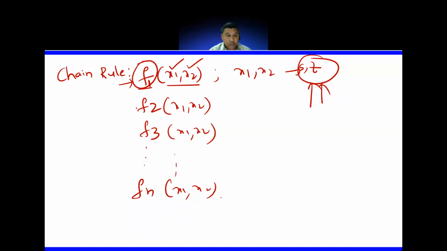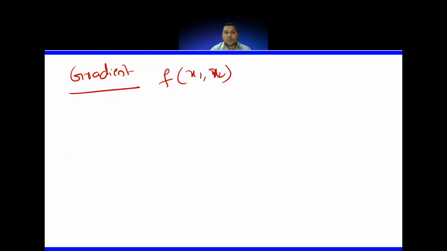Right? So let us introduce the term Jacobian, or maybe gradient first. Okay, so you are given a function f which depends on two variables x1, x2.